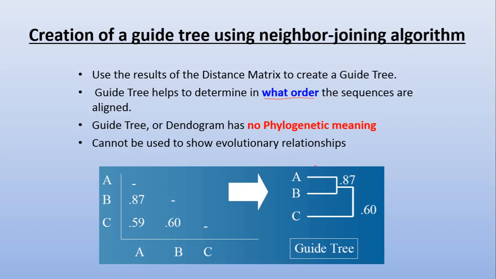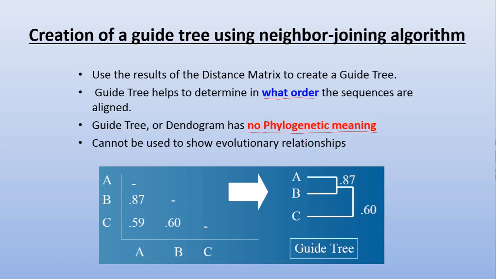Why? Because this guide tree is simply created based on nucleotide or amino acid residue differences, and we haven't implemented any kind of evolutionary model to generate this tree. Therefore, such a guide tree or dendrogram has no phylogenetic meaning.